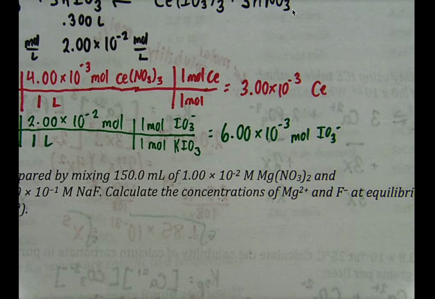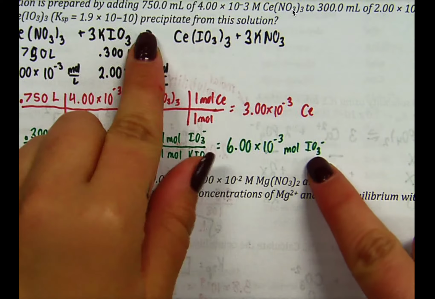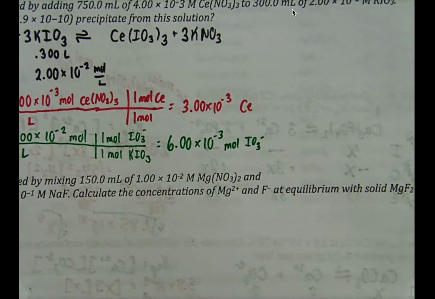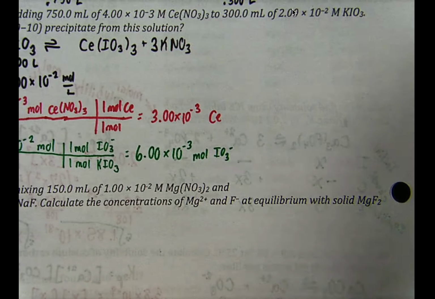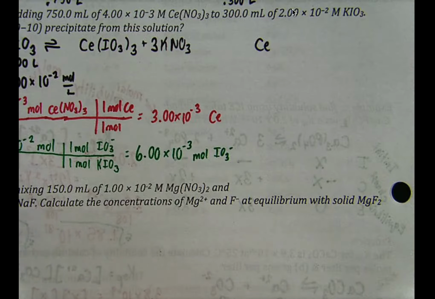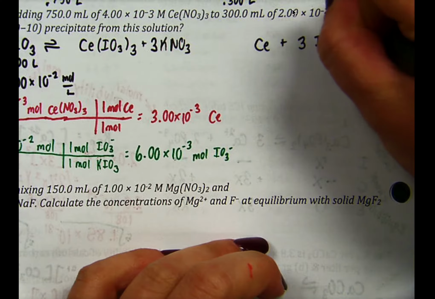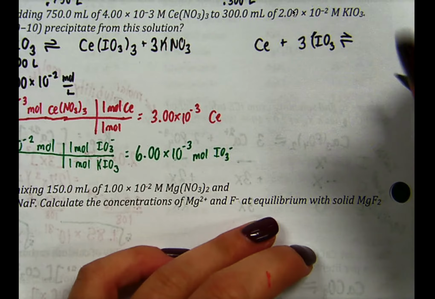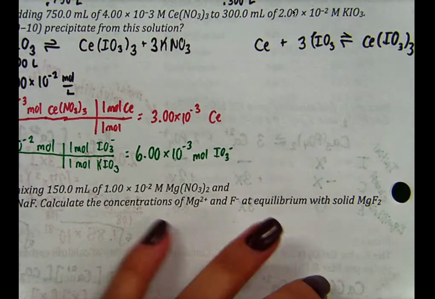Okay, so now we need to see if that is enough to form our precipitate. So I'm going to go ahead and look at the net ionic equation to write the Ksp expression. So the net ionic equation is we have our Ce ions coming together with 3 IO3 ions to produce our Ce(IO3)3.